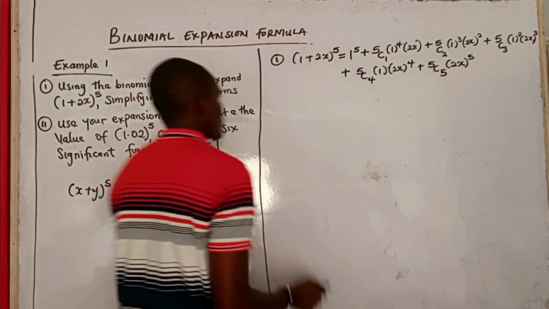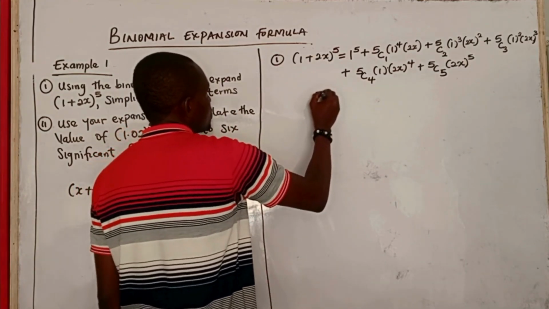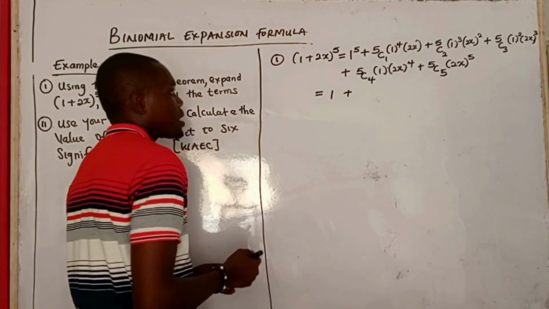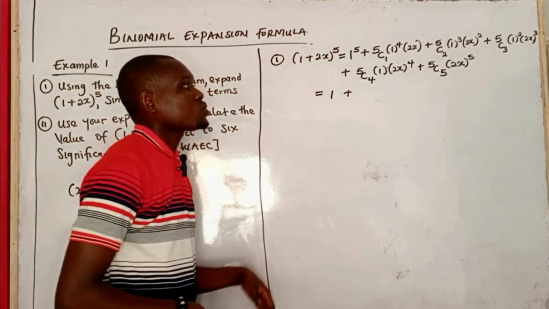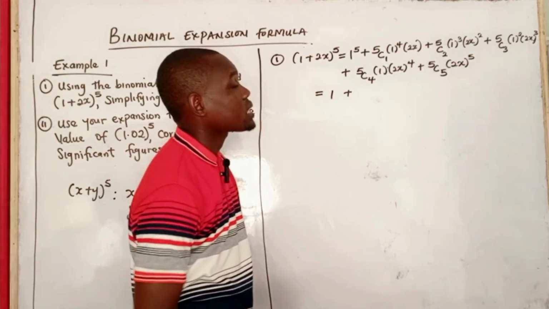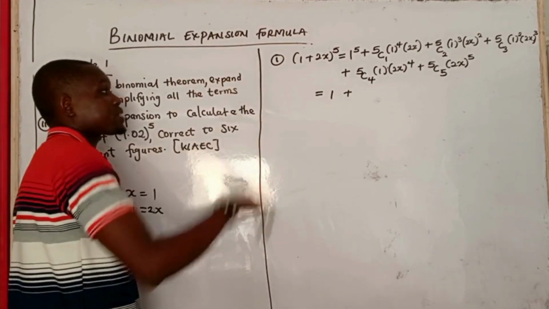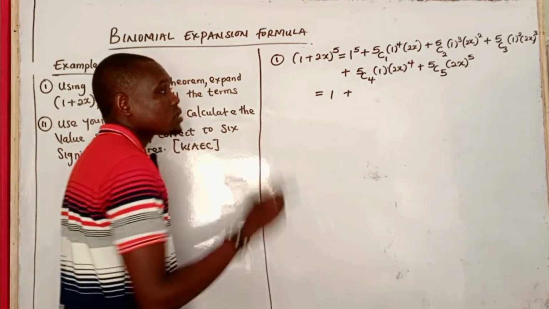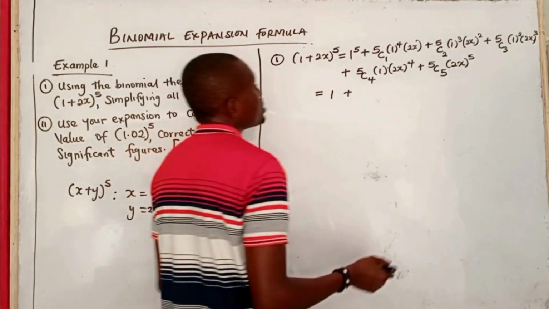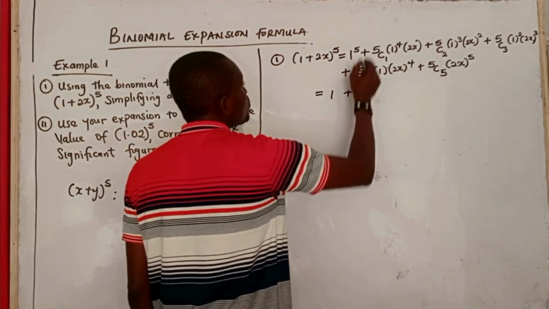Then if we proceed to our answer, 1 to the power of 5 is the same thing as 1. Now remember what I showed us in the last video. When you have 5 choose 1, it is the same thing as 5 factorial over (5 minus 1) factorial times 1 factorial, which at the end is still going to give you 5.